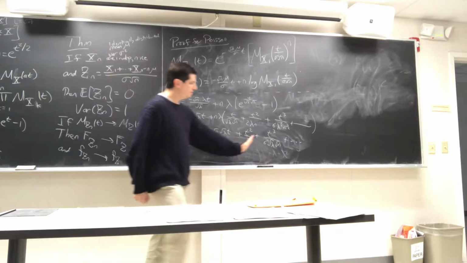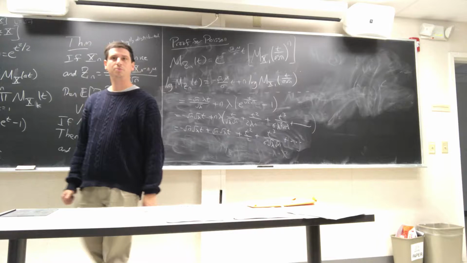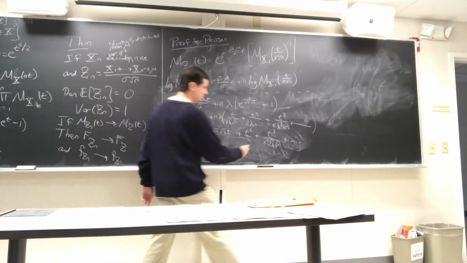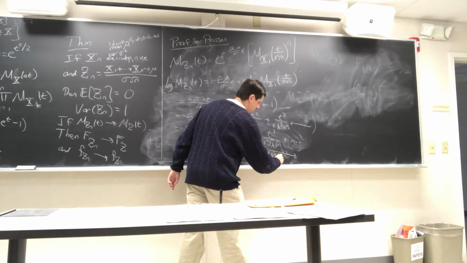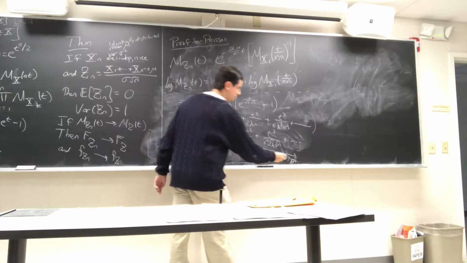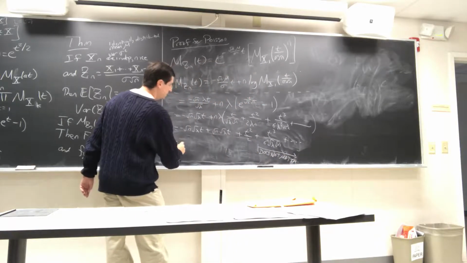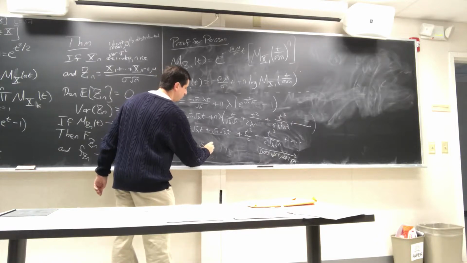And all the other stuff from here onward is going to have even higher powers of n down below. So in the limit, does not matter. And so what we'll get is we'll get t squared over 2 plus small.